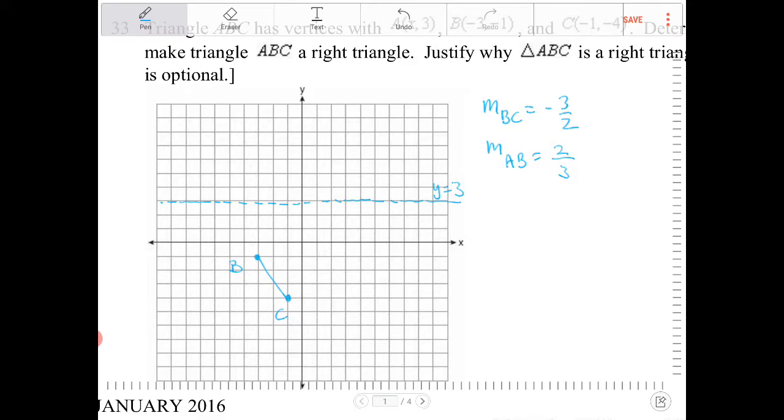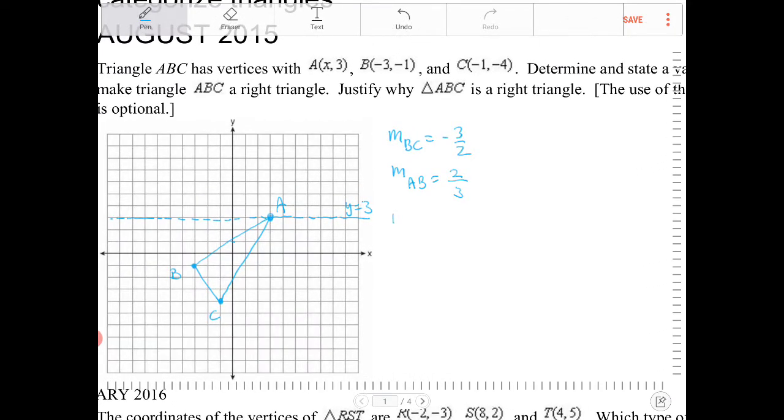Looking at this, if I go 3 over and 2 up, and 3 over and 2 up, I want to land right there, and this is going to be my A. So A will have a coordinate of (3, 3).